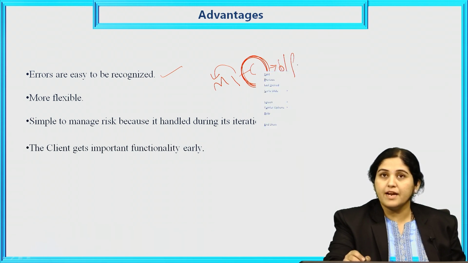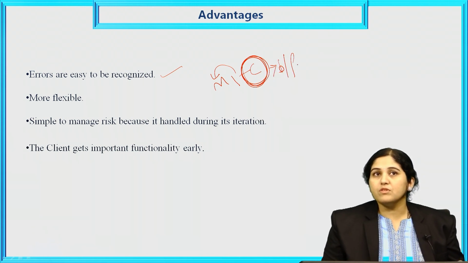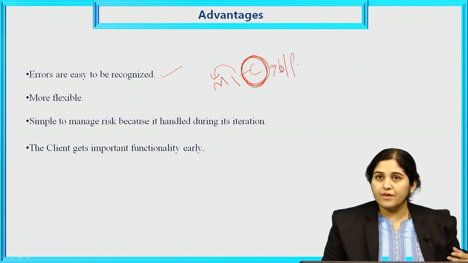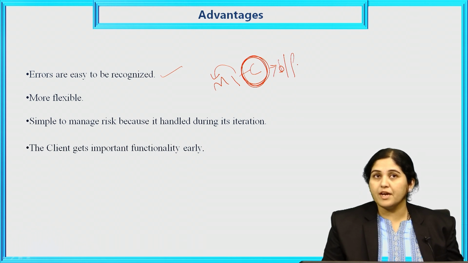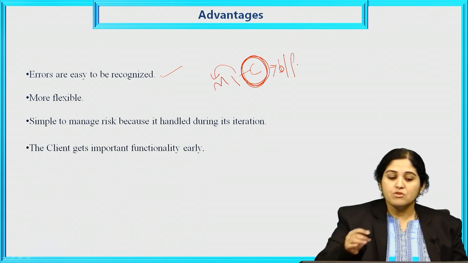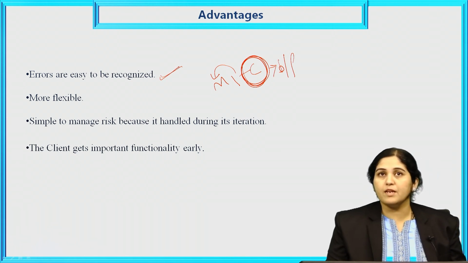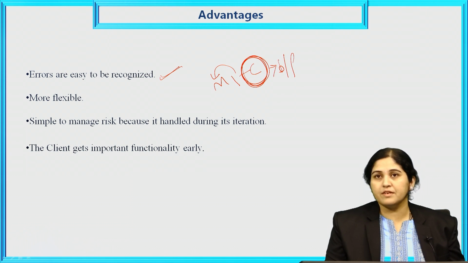By the customer continuously using the application, it is easy to recognize where we are going to get the error, what kind of feature we need to add, or after adding a feature where we are going to get an error. That can be one advantage of the incremental model.